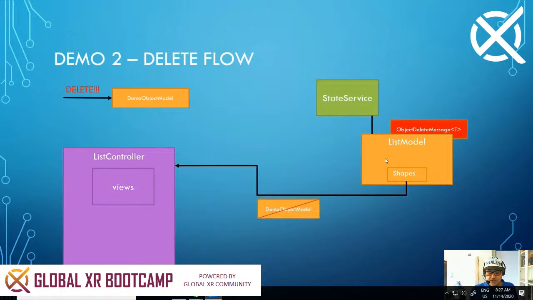The shapes list then automatically sends out an event message: I have a deleted model, so whoever is interested, please delete whatever happens. The list controller gets this event, gets the accompanying 3D view, a 3D object, and deletes it from the view. This is what happens underwater.